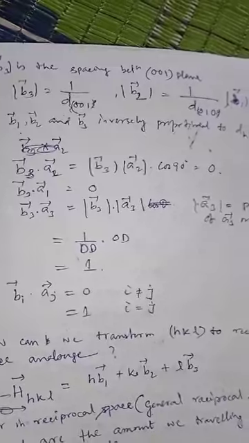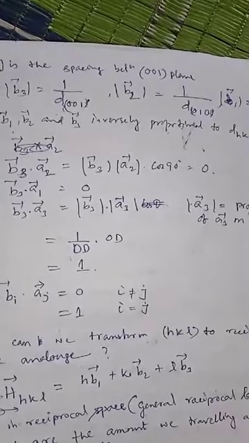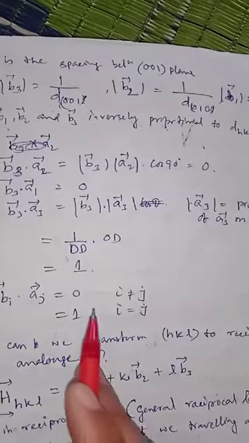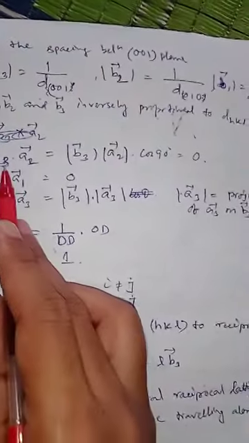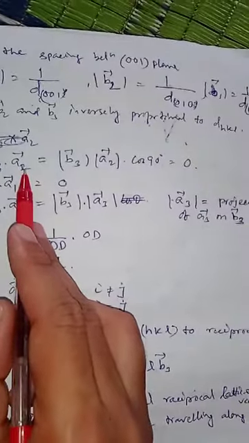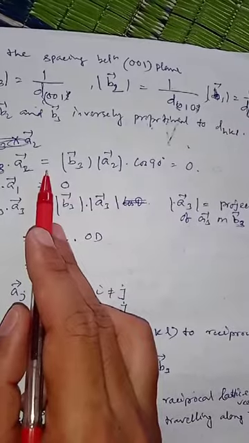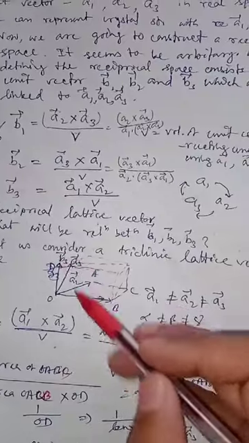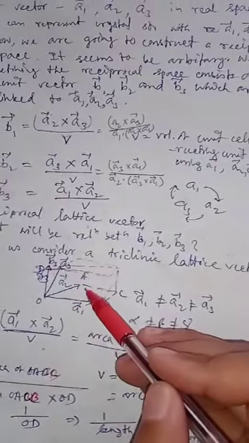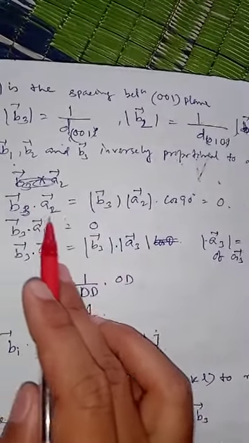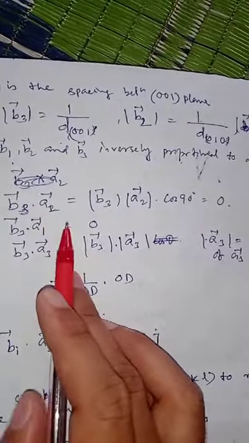Now, if you take the dot product of B1, B2, B3 with A1, A2, A3, then what will happen? B3 dot product A2: B3 is perpendicular to the plane where A1 and A2 lie, that is B3 is in the Z direction, and A1, A2 are in the XY direction. So B3 makes an angle of 90 degrees with A2.